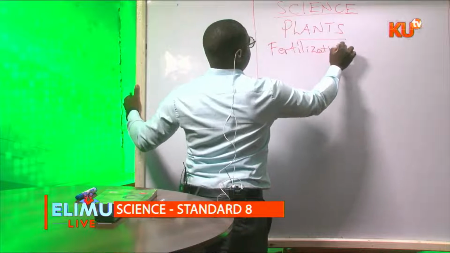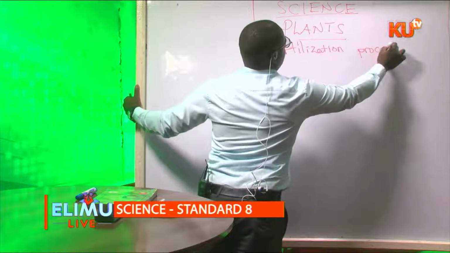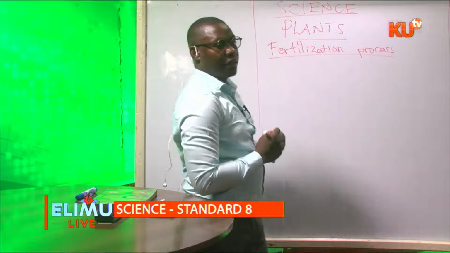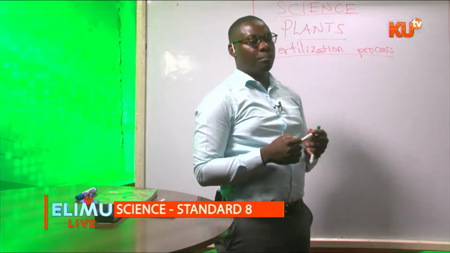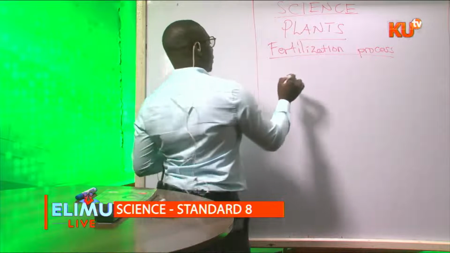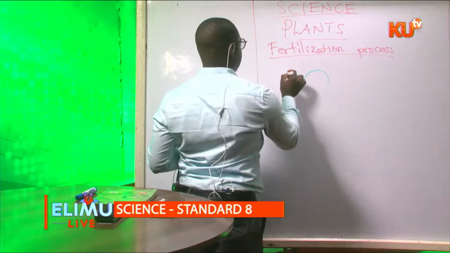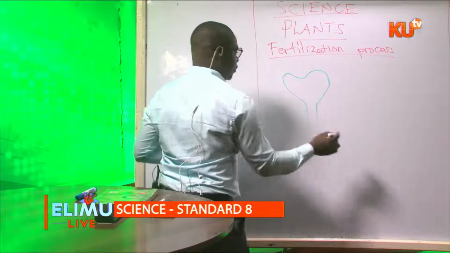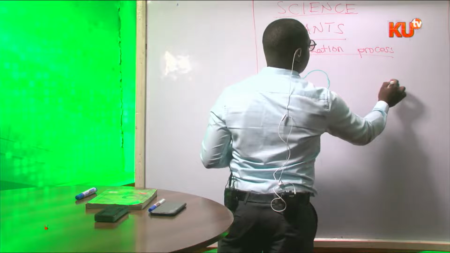Fertilization process. So for fertilization to take place, there must be movement of the pollen grains. So I'll draw the female part here, and I will draw the male part here.